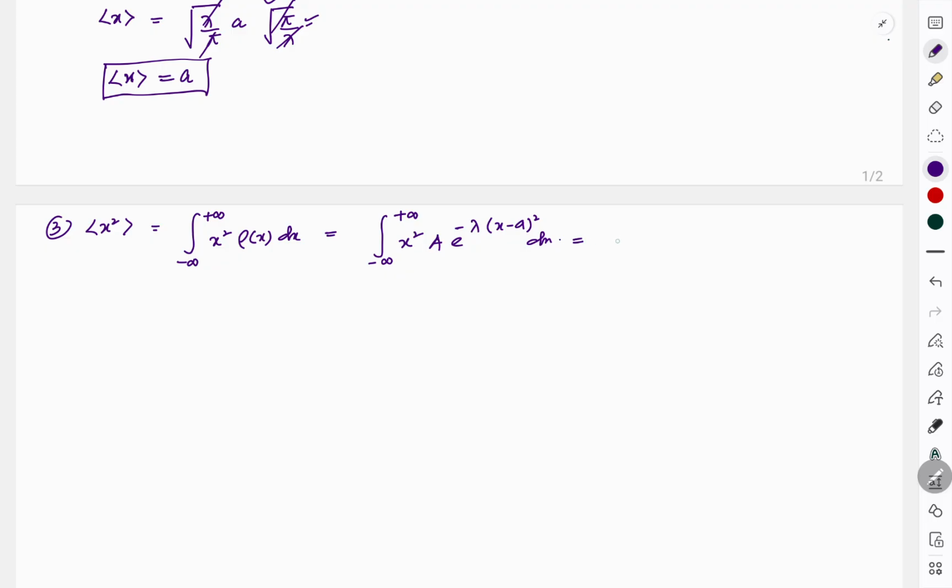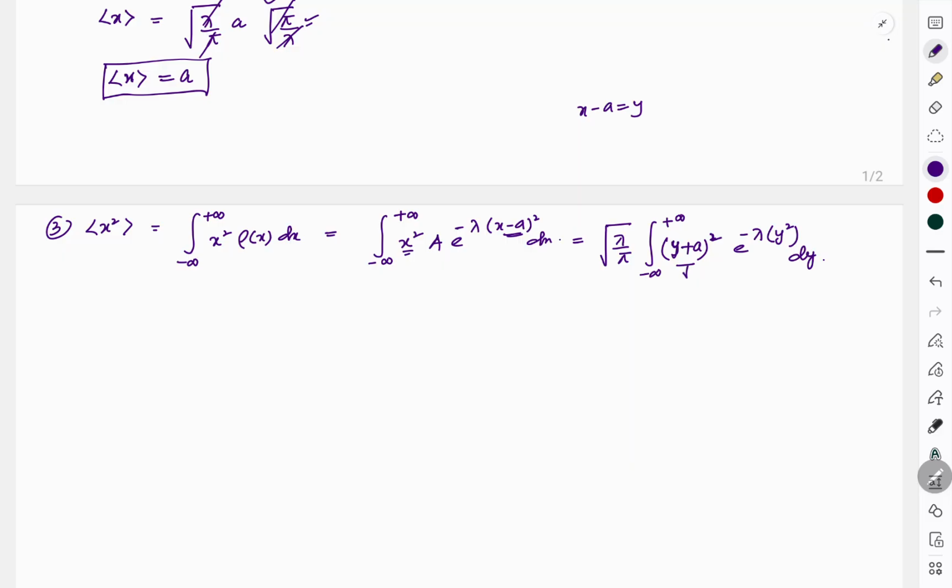Again, let's take A outside and write its value as root of lambda divided by pi, and the integral from minus infinity to plus infinity, again put x minus a equals y. So in place of x we have (y plus a) whole square, and e power minus lambda, in place of x minus a we have y square, dy.